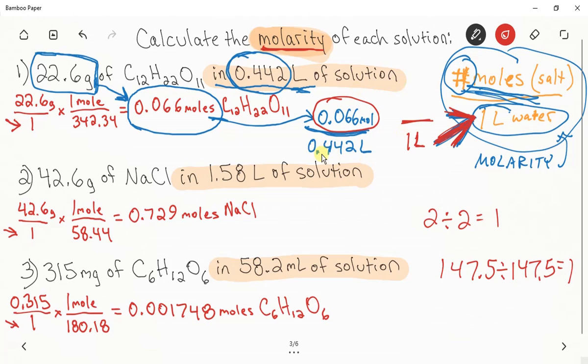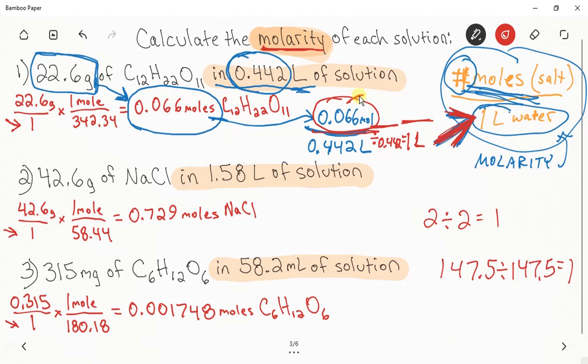So how we get this 0.442 liters to turn into 1 liter is we divide it by itself. We divide it by 0.442 liters, and that gives us 1 liter. But what we do to the bottom of this fraction, we have to do to the top.